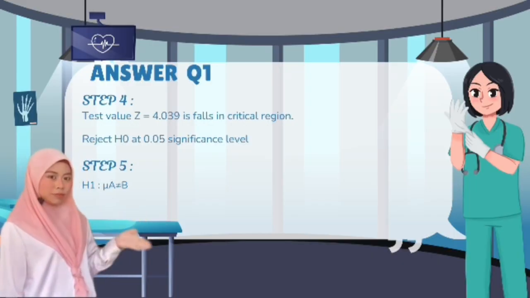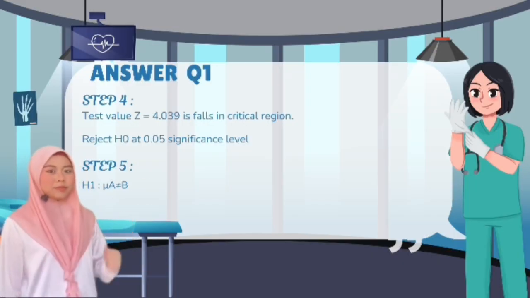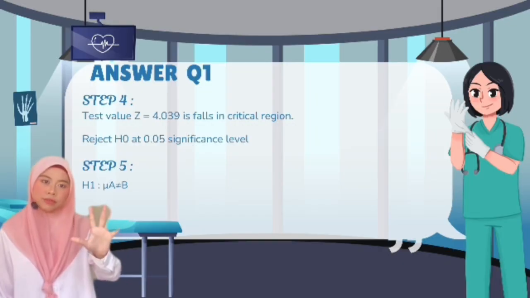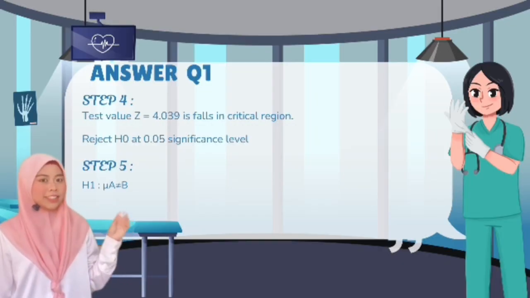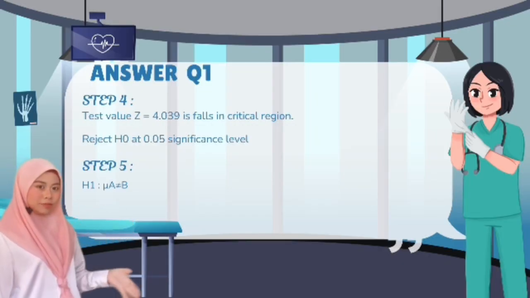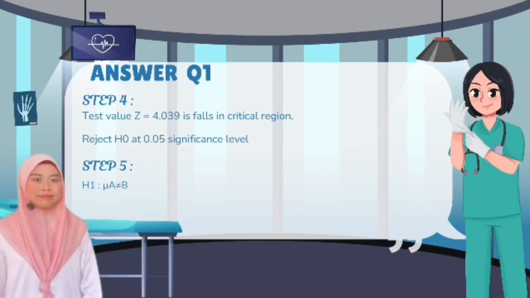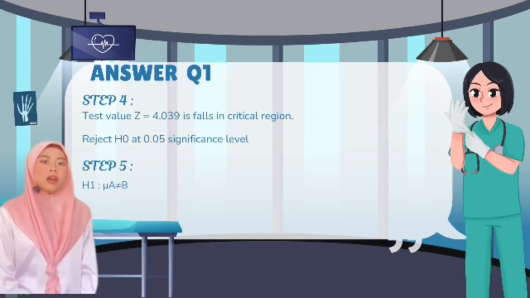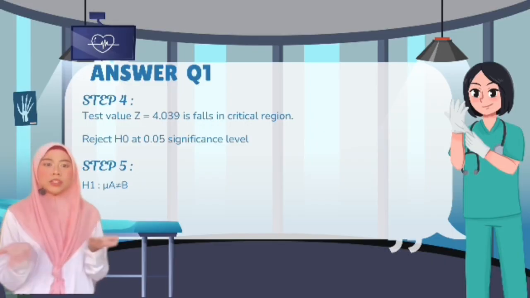Therefore, we have sufficient evidence to reject the null hypothesis at the 0.05 significance level. Step 5. Finally, we conclude that we accept the alternative hypothesis. This indicates that there is a statistically significant difference between the two means, mu A and mu B.